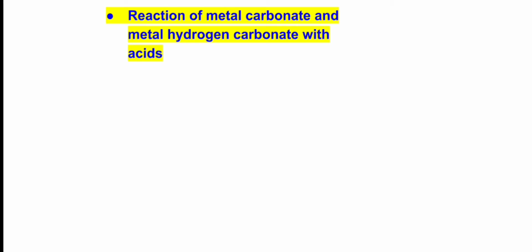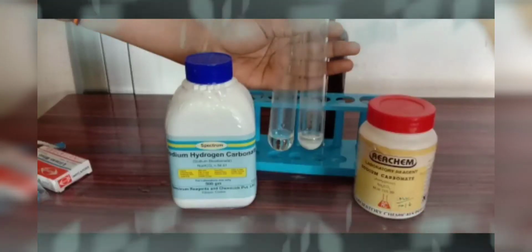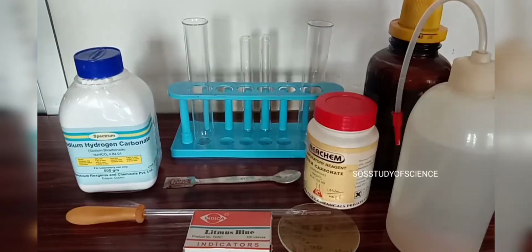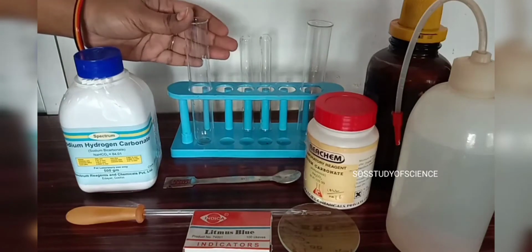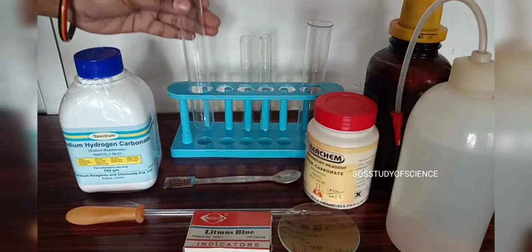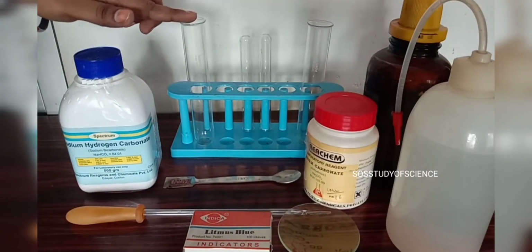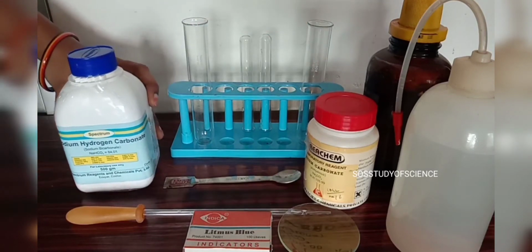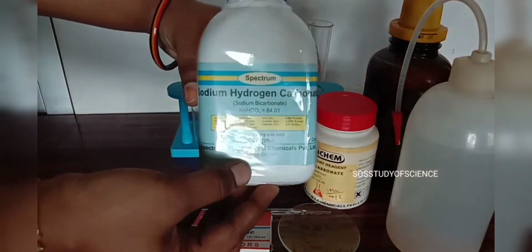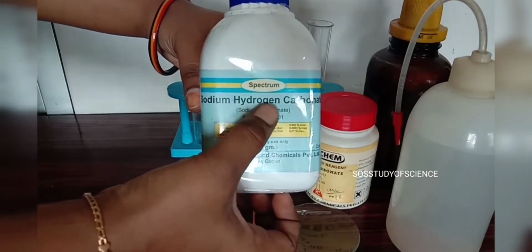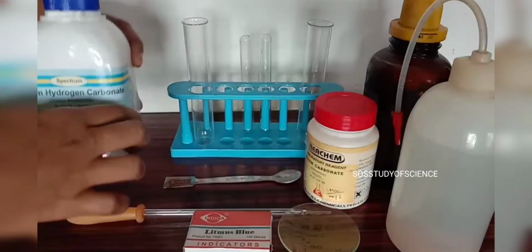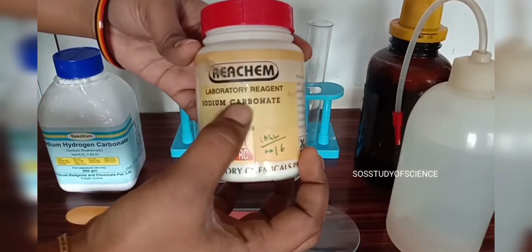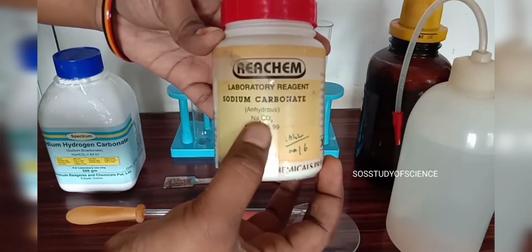and metal hydrogen carbonate. Reaction of metal carbonates and metal hydrogen carbonates with acids. To perform this experiment, we need test tubes. Here I have taken 2 test tubes to perform the experiment with metal carbonate and metal hydrogen carbonate. The metal hydrogen carbonate which I have taken here is sodium hydrogen carbonate, NaHCO3, and the metal carbonate is sodium carbonate, Na2CO3.